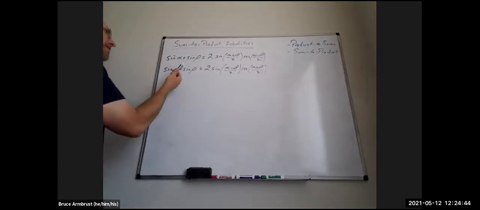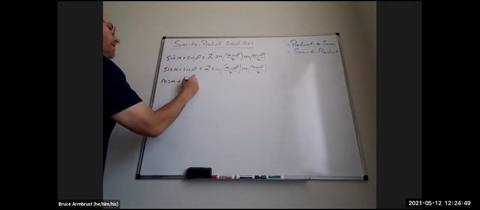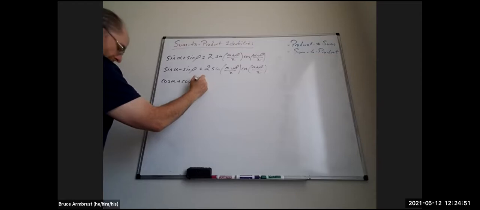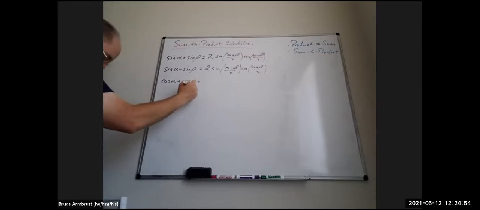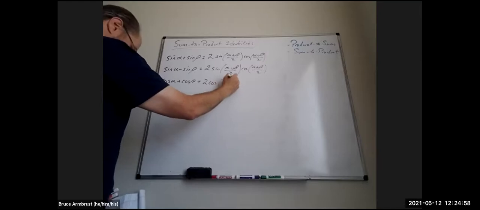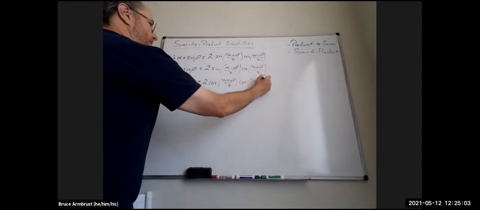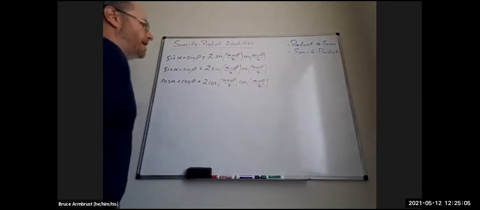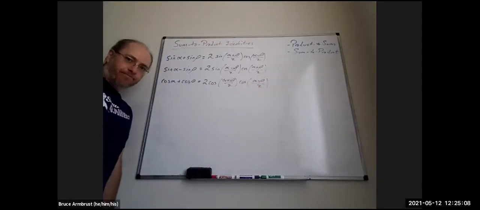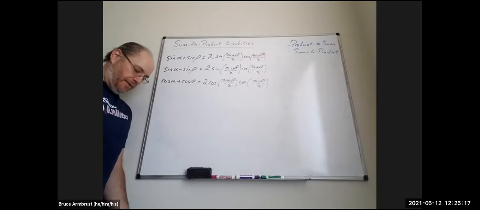The second 2 are the same with cosines. So we've got cosine of alpha plus cosine of beta. So this one, we get 2 cosine of alpha plus beta over 2 times the cosine of alpha minus beta over 2. That one comes from the product to sum for the cosines. If you look at cosine times cosine, that leads to this guy.